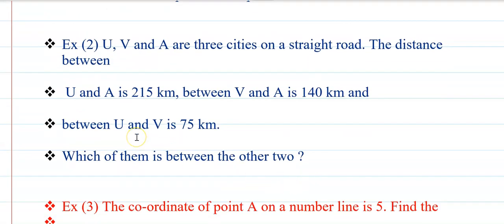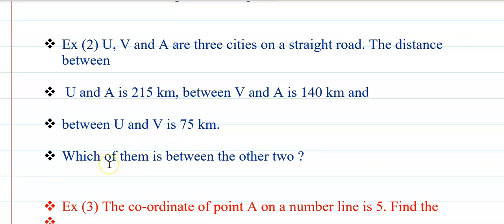Now next, example number 2. U, V and A are 3 cities on a straight road. The distance between U and A is 215 km, and between V and A is 140 km. And between U and V is 75.